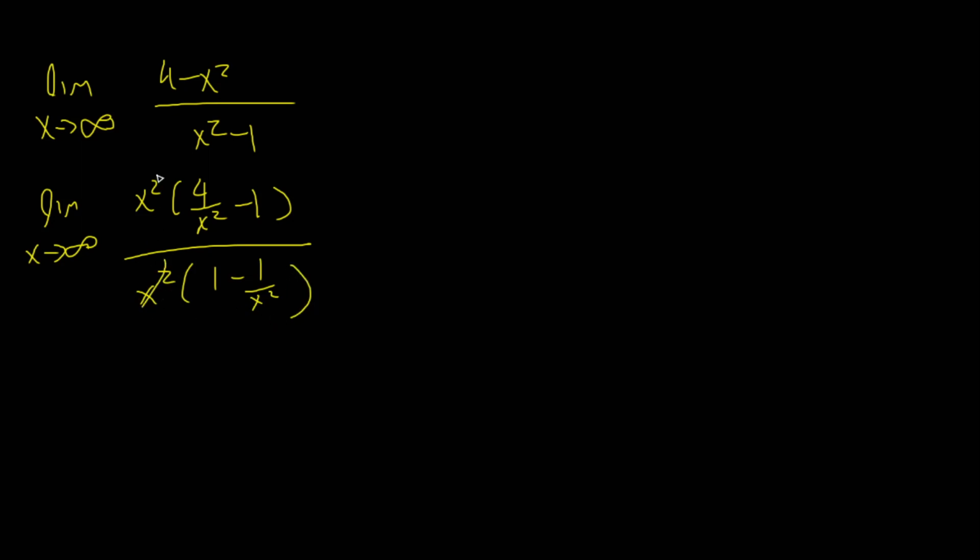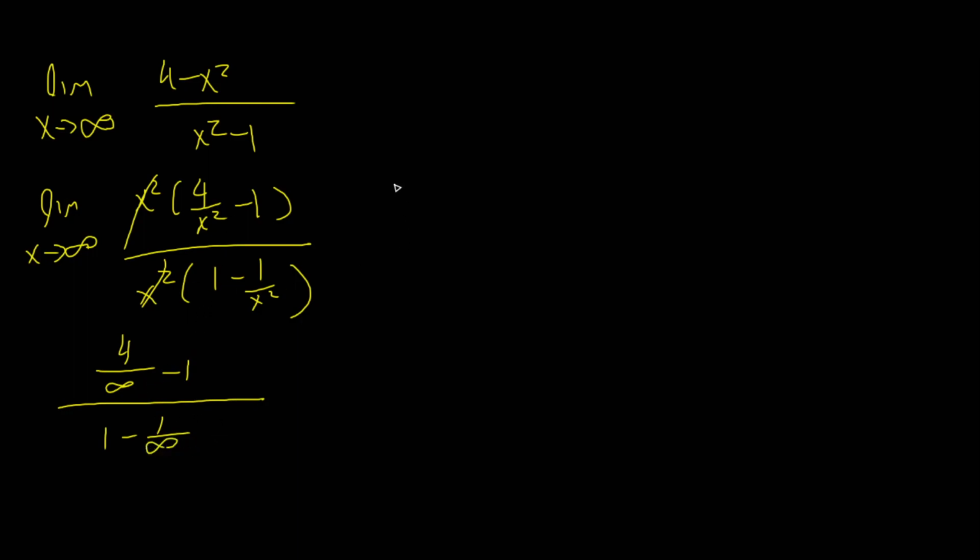And your x squareds will cancel out. And then when you substitute x equals infinity in here, what will you get? You'll get 4 over infinity minus 1 over 1 minus infinity.